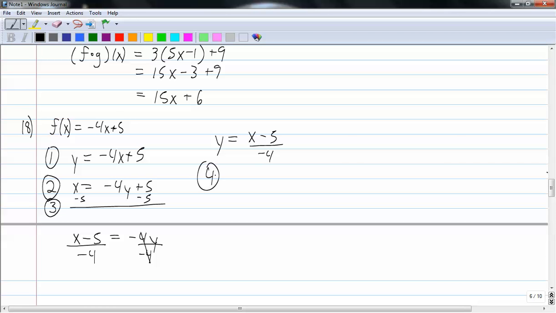The fourth step, when you have y equals, is to write f inverse of x equals. So we're looking for (x minus 5) over negative 4. So 18 is going to be B, (x minus 5) over negative 4.